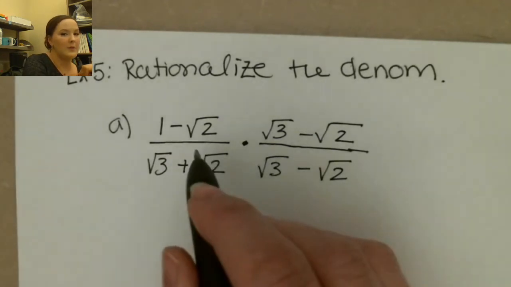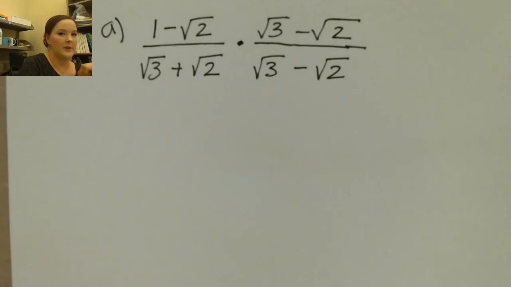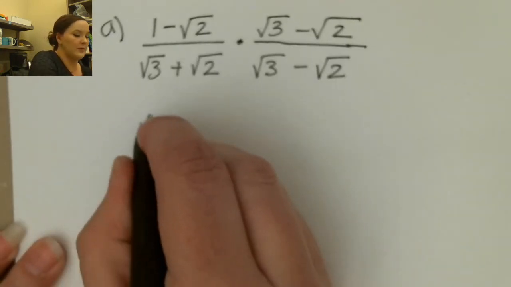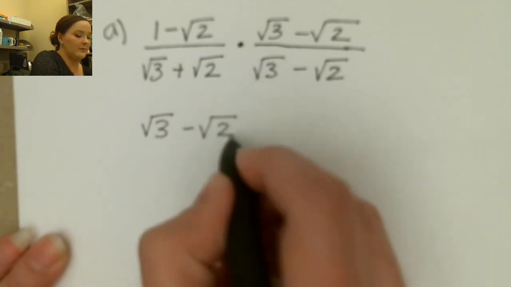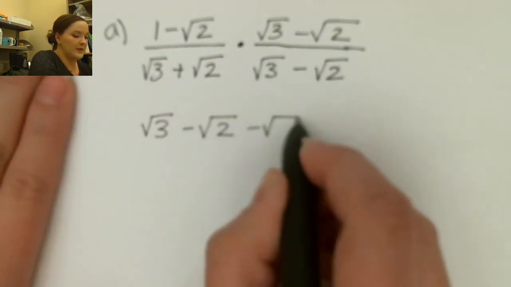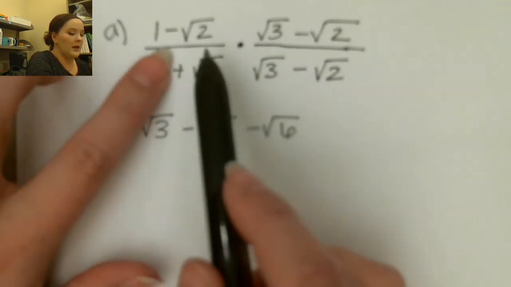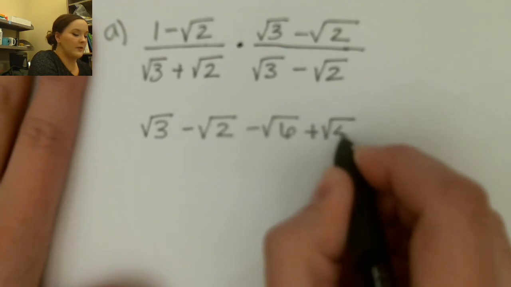Now we're just going to distribute and multiply this out. 1 times root 3 is root 3. 1 times negative root 2 is negative root 2. Then negative root 2 times root 3 is negative root 6. And negative root 2 times negative root 2 is positive root 4.